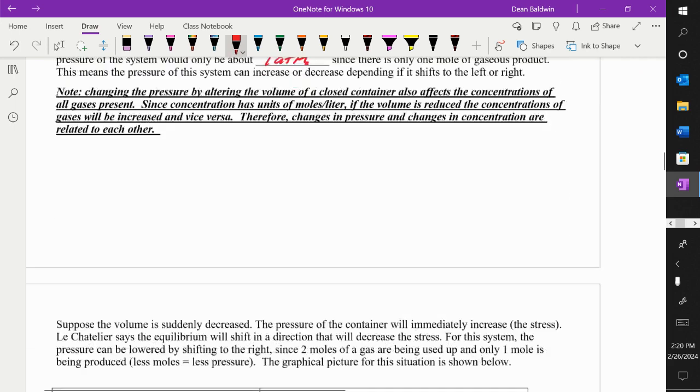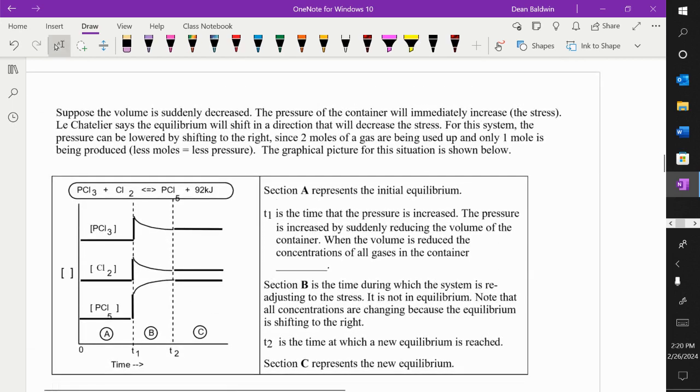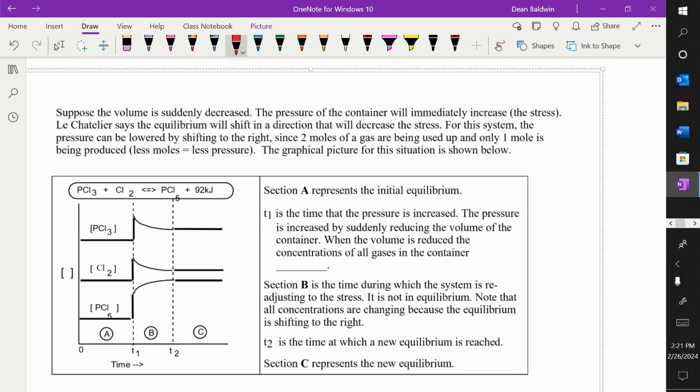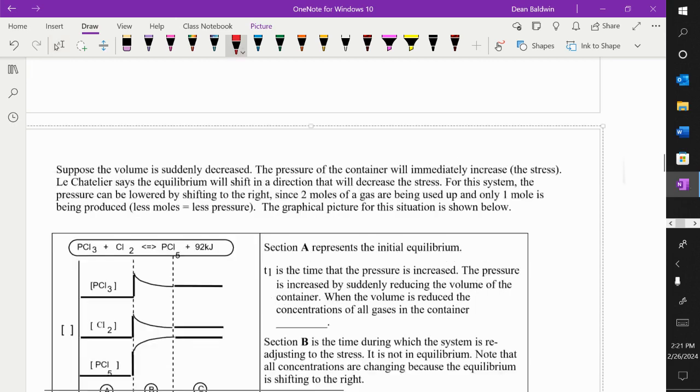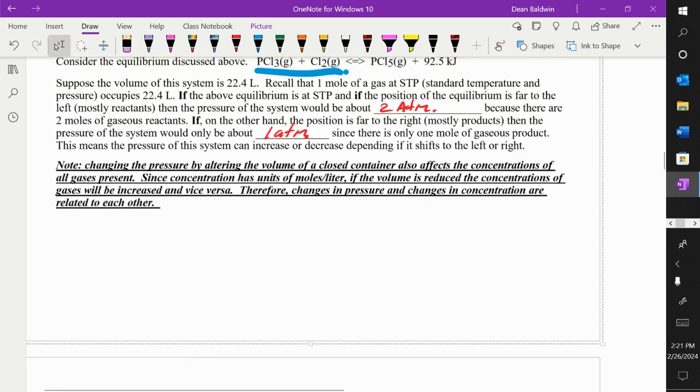So we can look at that here. Here's the graph. So we increase the pressure. Now, here's another thing about pressure. An increase, it says it at the bottom of this page.